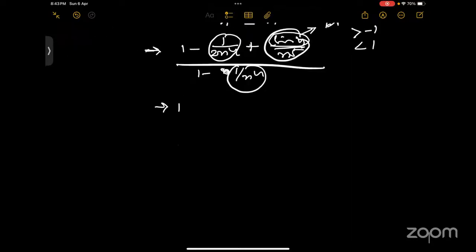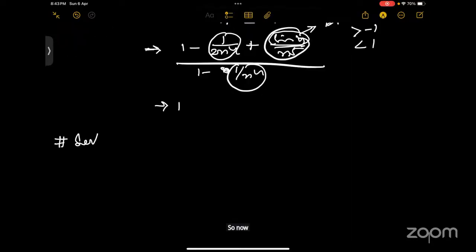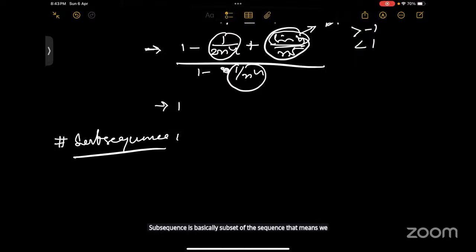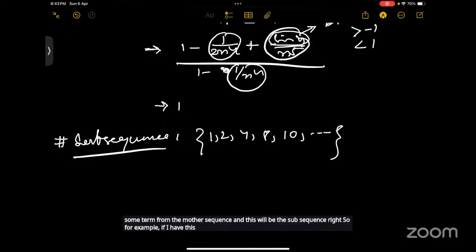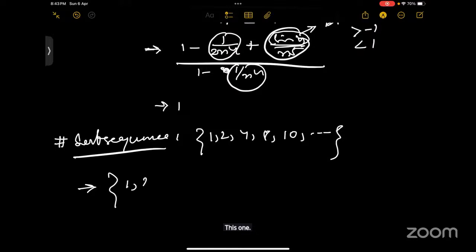Okay. So now we know what subsequences are, right? A subsequence is basically a subset of the sequence. That means we will collect some terms from the mother sequence and this will be the subsequence, right? So for example, if I have this, is it a subsequence?